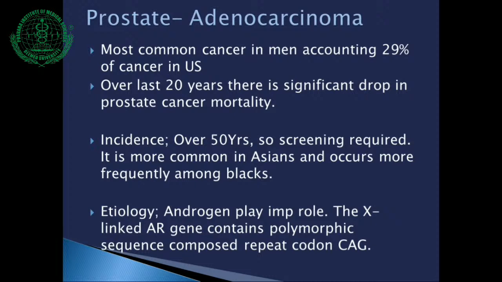In the etiology, androgen plays an important role, and it is seen in Asians and frequently occurs in blacks. There is also some chromosomal abnormality, that is, mutation in the gene.